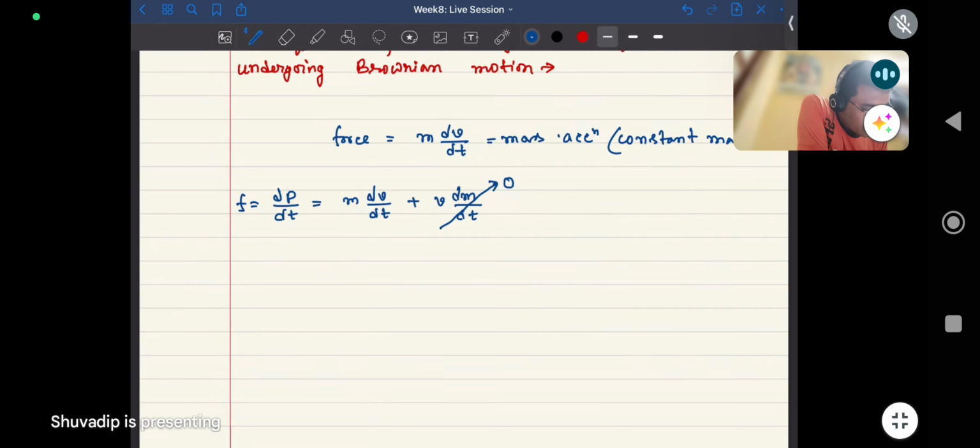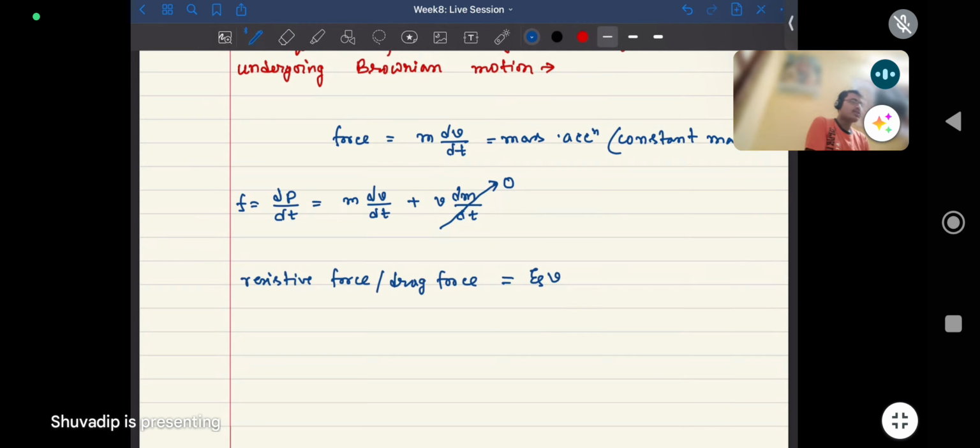There will be two kinds of force acting. One is because the particle is moving inside some kind of solution or medium, maybe air or water or some other liquid or solution. So there will be a resistive force or drag force, and we will denote this force as xi times v.